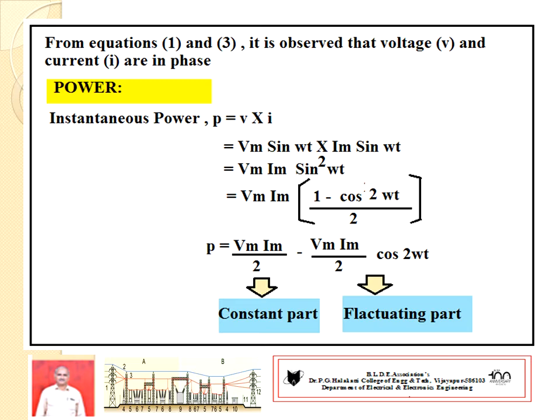There is no plus, there is no minus, there is no lead, there is no lag, because both equations have sin omega t. Hence, both quantities, voltage and current, are in phase. After that, you draw the waveform. It is shown on the first page only.